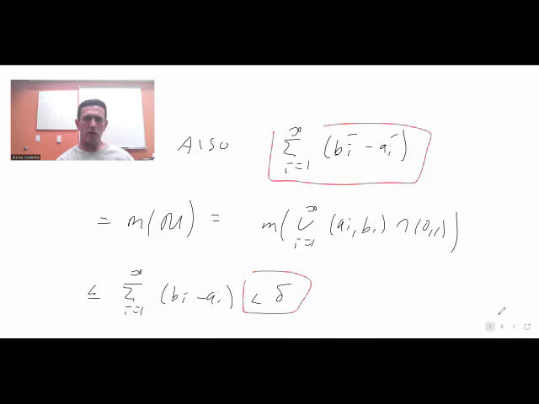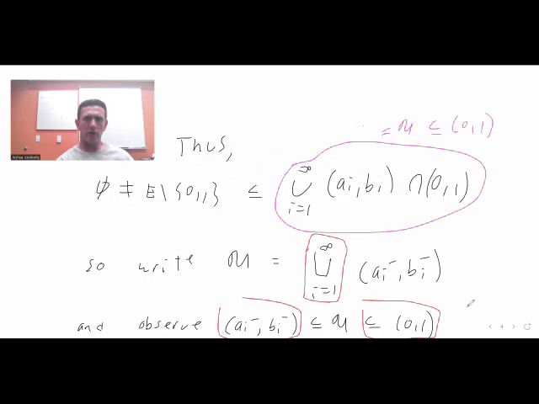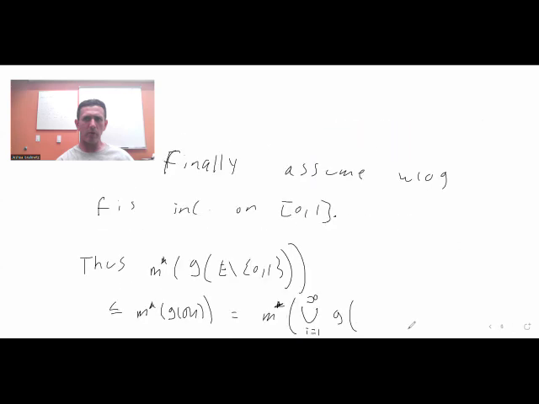So it's G of the union of (a_i prime, b_i prime).